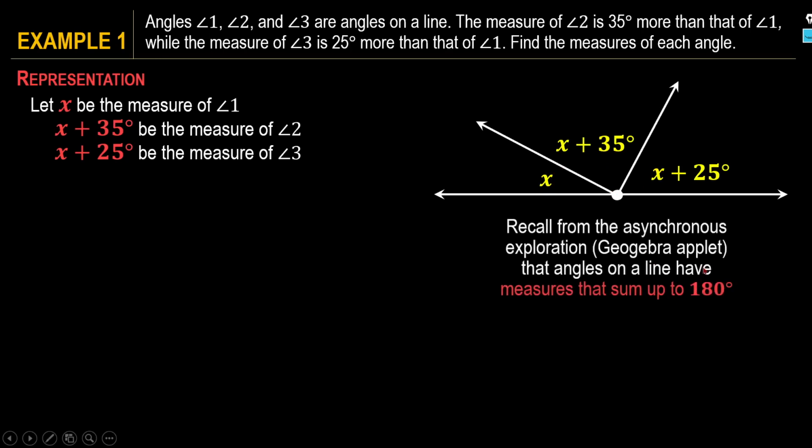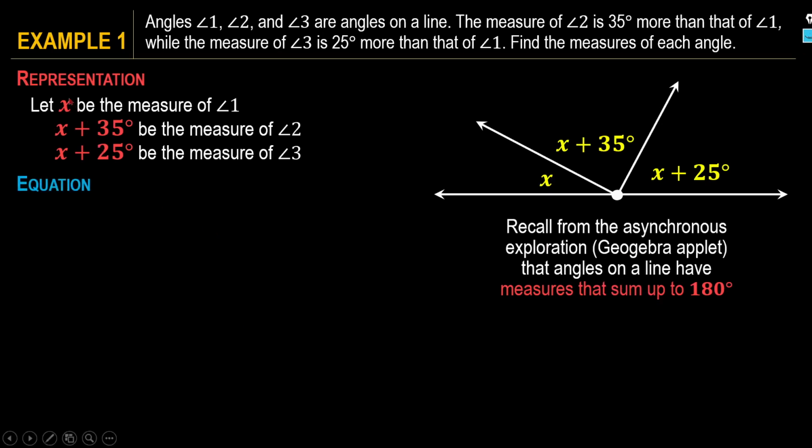It doesn't matter if there are 2 angles or 100 angles. As long as they're angles on a line, their measurements should sum up to 180 degrees. And that precisely is the key to our equation.